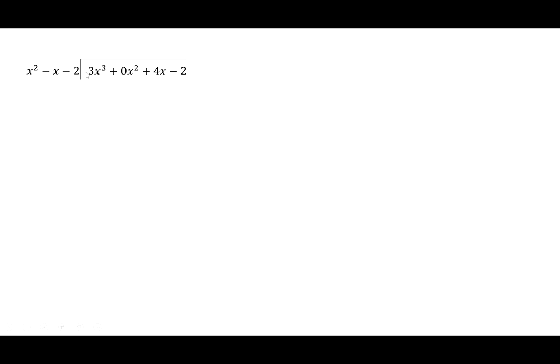Highest term in the dividend over highest term in the divisor. Can you do it in your head? If not, go to the side and figure it out. So 3x cubed over x squared is 3x. See, I do have it on the side, which is equal to 3x. Take that 3x, and that's the first term of the quotient.